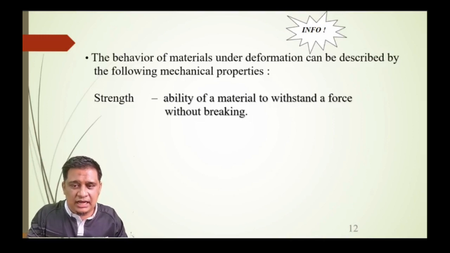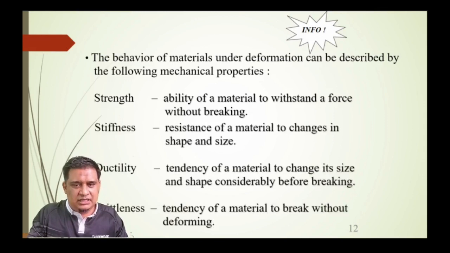Before we start, I would like to explain that the behavior of a material under deformation can be described by the following mechanical properties. First, strength: the ability of a material to withstand a force without breaking.